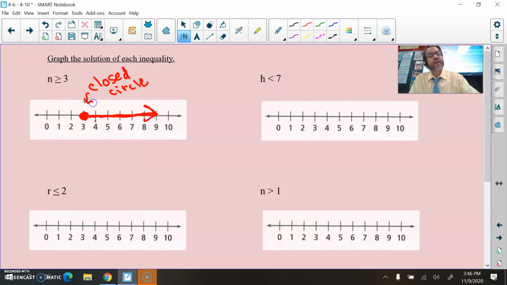Okay? And that closed circle means that it's also equal to 3. 3 is included in my solution set. It's 3 or anything larger than 3 or greater than 3.